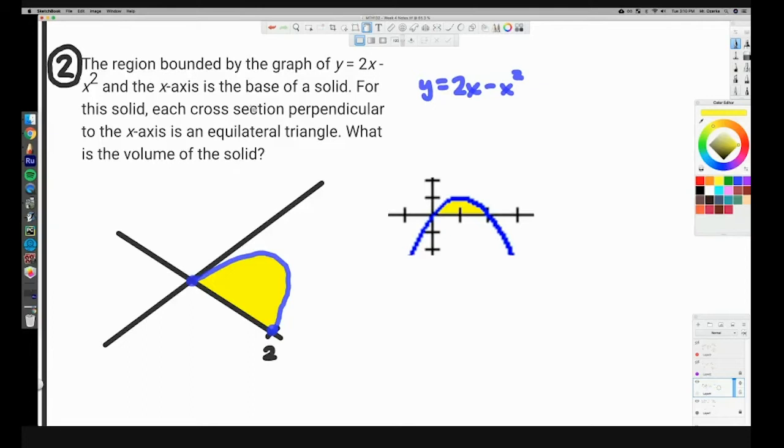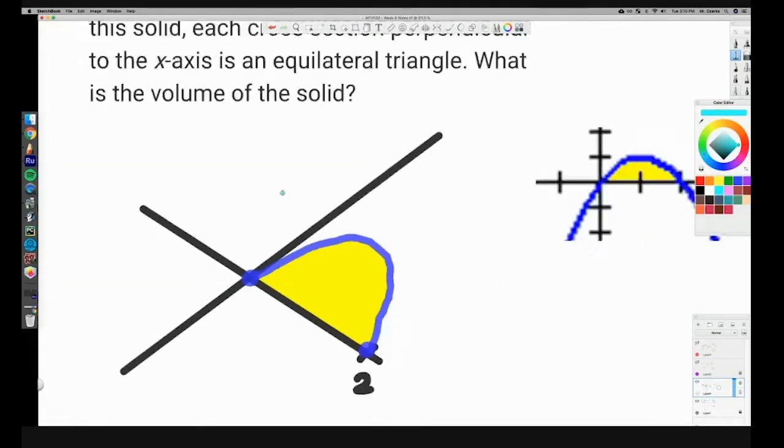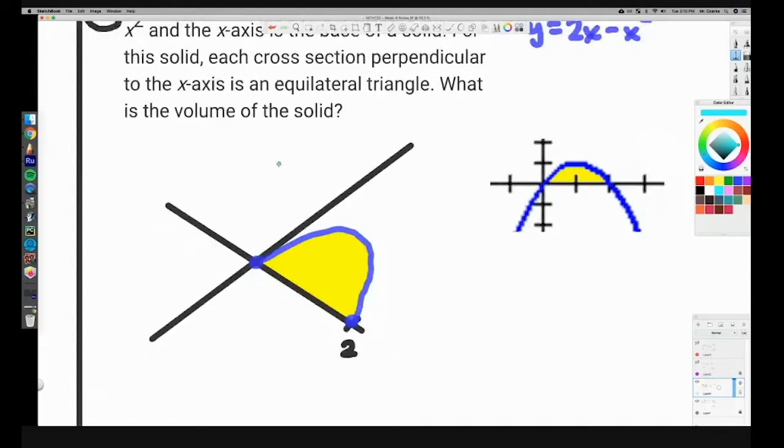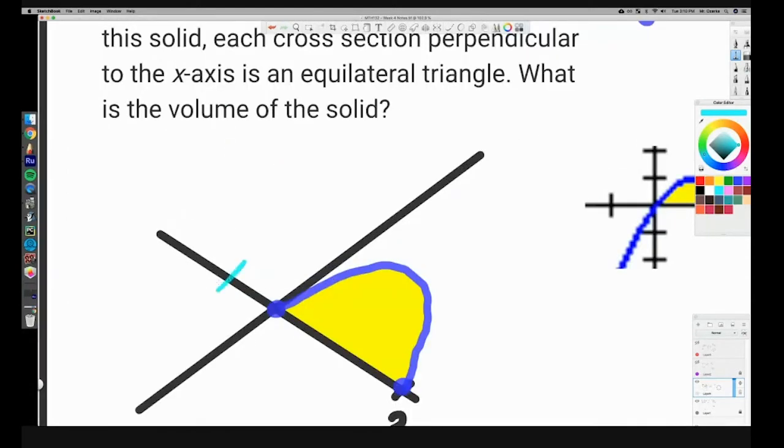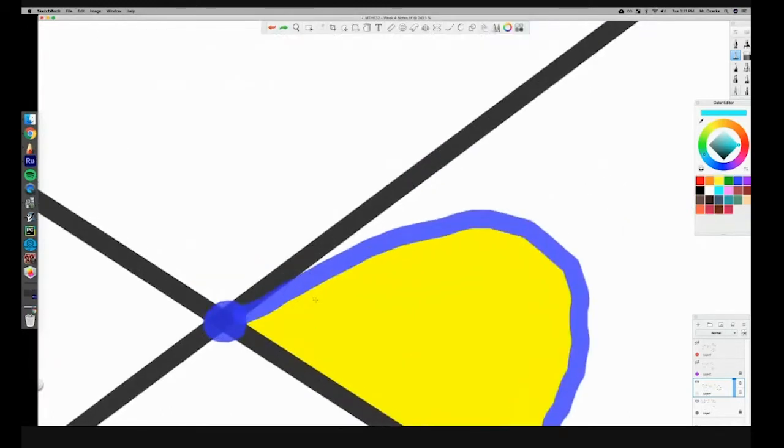Okay, now this one, it's equilateral triangles, so I have to draw triangles here, and the triangles are based on this base right here, and they're perpendicular to the x-axis. So they're gonna end up looking like this. They're not gonna end up looking like this. There is a difference, believe it or not.